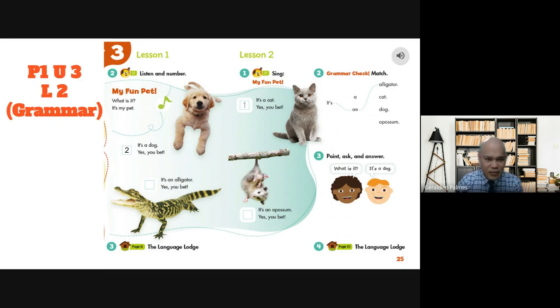What do you think is number three? Number three, a possum. Number four, it's an alligator.